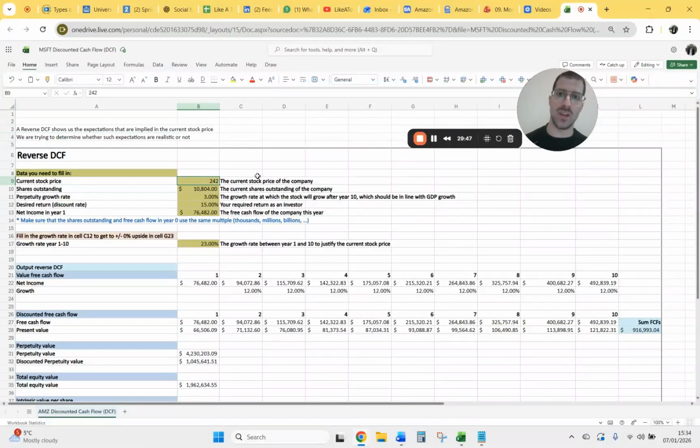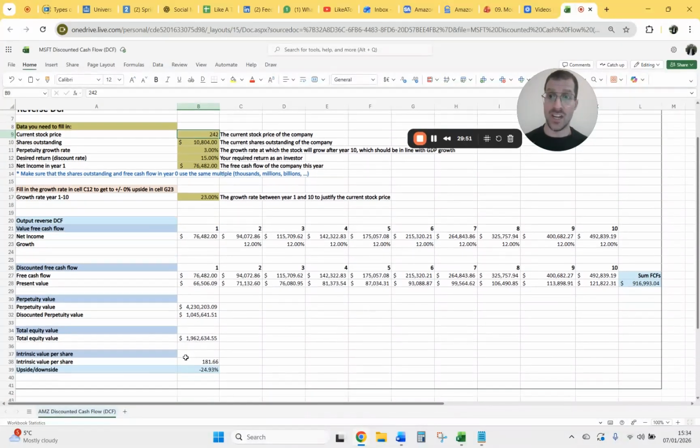Amazon currently trades at 242, and our intrinsic value per share sits at about 181. So what does that tell you about the growth rate? It means that the market is implying a higher growth rate than 23%. And sure enough, if I change this to 25%, the intrinsic value per share will increase.